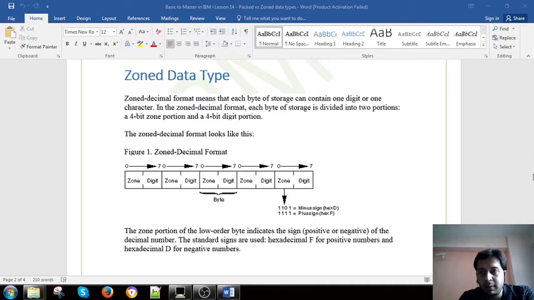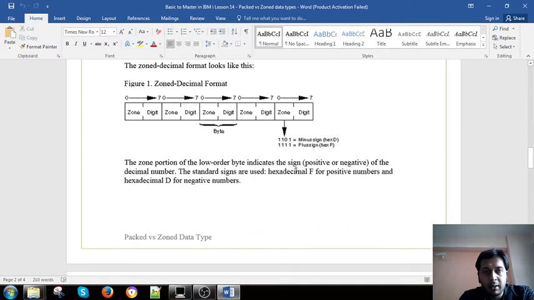That is the difference between packed and zone. The zone portion of the low order byte indicates the sign of the decimal number. The standard sign uses hexadecimal F for positive and hexadecimal D for negative numbers.